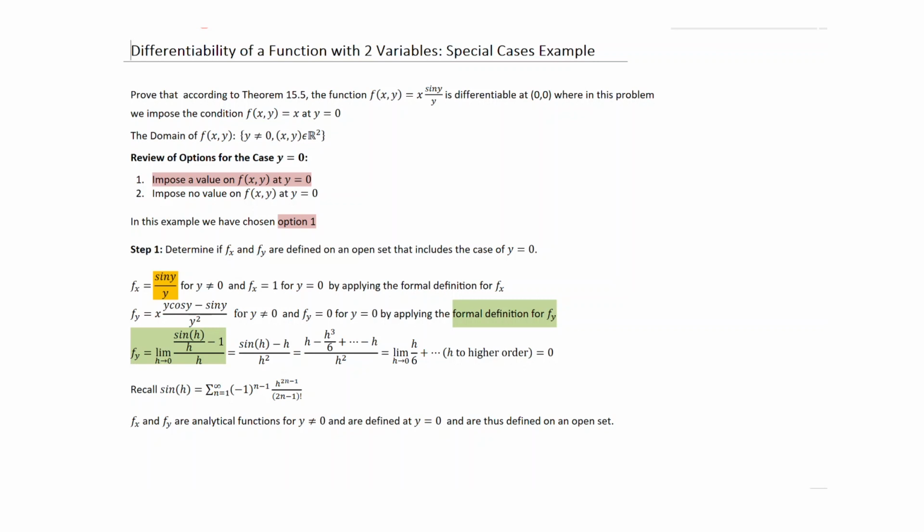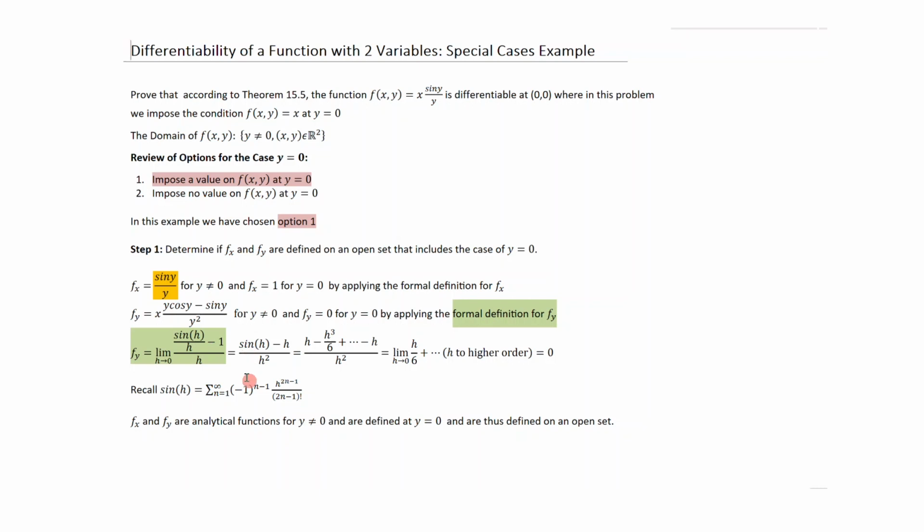I've shown here below the definition that we would use for computing f partial y: sin h over h minus 1, divided by h, with the 1 being the function evaluated at (0,0), which is the imposed condition.